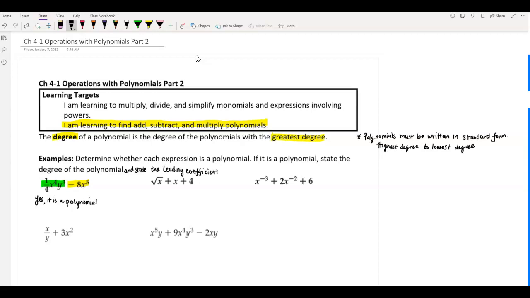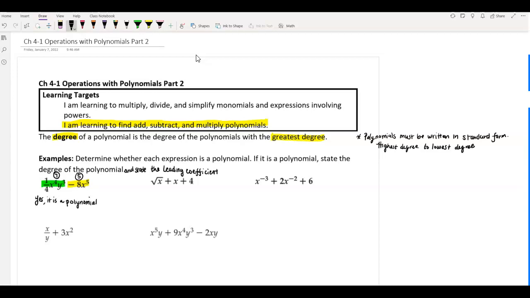Now we have to find its degree. So the degree is all the exponents added up in a single term. So when we look at this term, we have an exponent of 4 and 3. So 4 plus 3 is 7. And in this term, we have a degree of 5. So what is our highest degree?